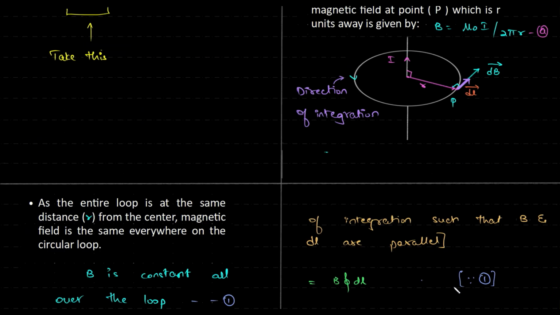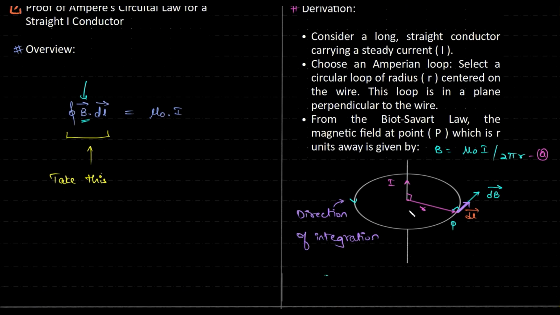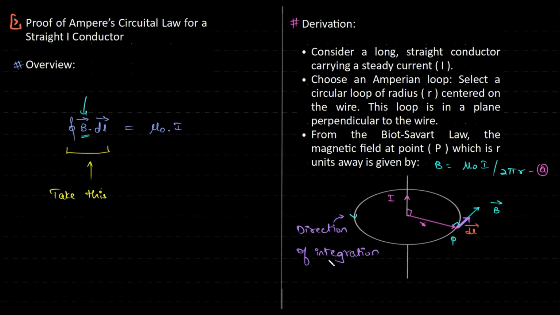Again, the direction of integration, the direction of dl and B, all of them we can handle, and the RHS, the direction of current, is also related to the direction of integration. So you can see that the Ampere circuit law works.